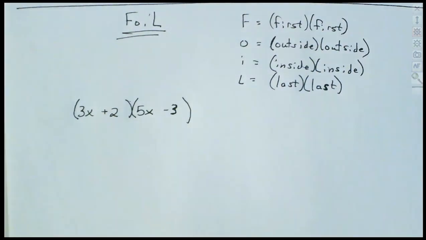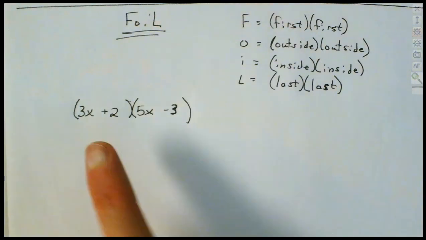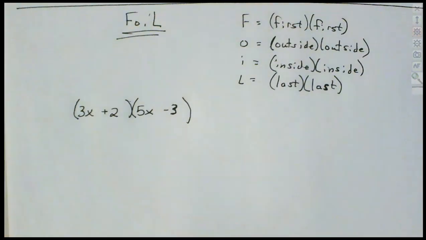We're going to take our time and learn how to FOIL out this polynomial. Okay, so we've got a binomial times another binomial. And what we're going to do is multiply, and then combine the middles together if we can.